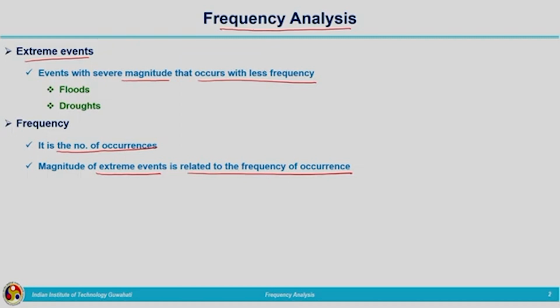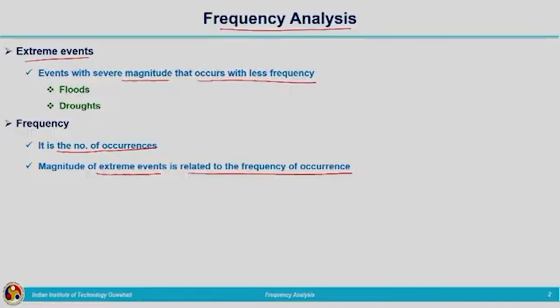When we talk about extreme events, the number of occurrences will be less compared to events of normal values. The frequency with which it occurs can be related to the magnitude of the extreme events.